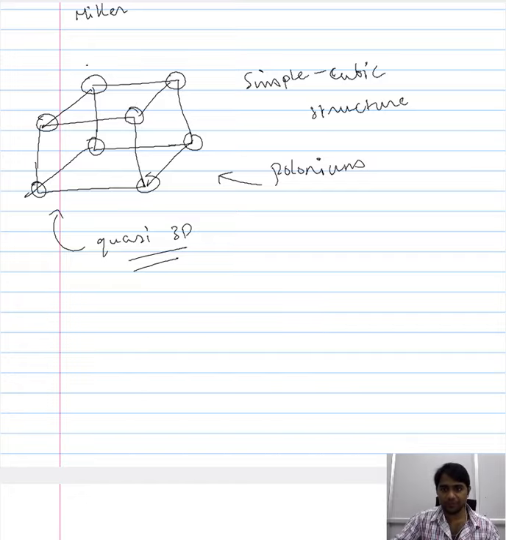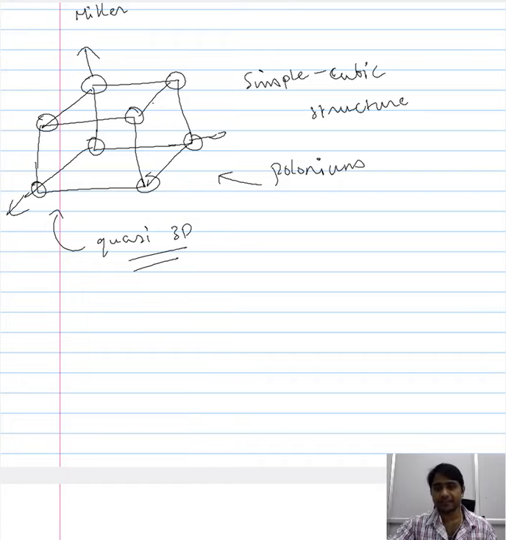You have your frames of reference that represent three dimensions, and in that frame of reference you have chosen certain points and represented your unit cell. So essentially you are rendering a quasi three-dimensional representation of the atomic arrangements in a simple cubic structure.